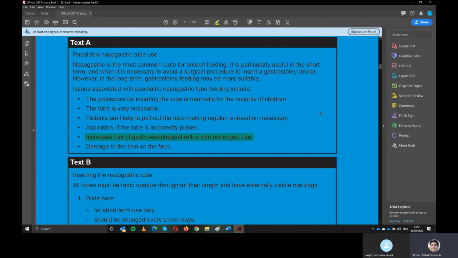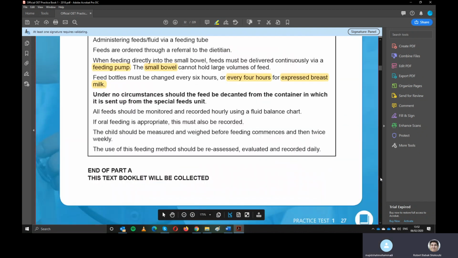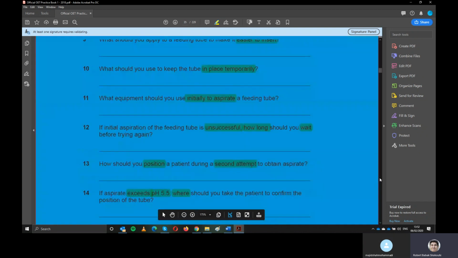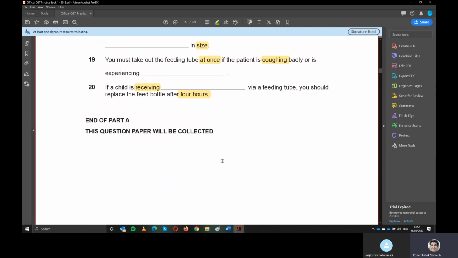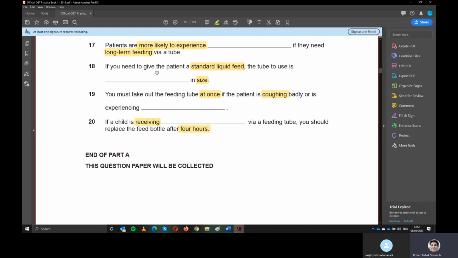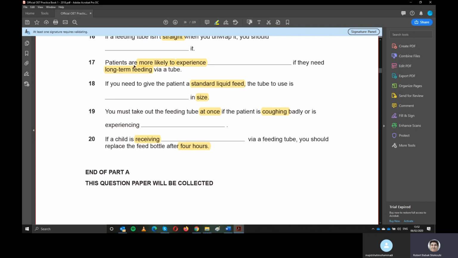I think it is this one. GORD or GR. Right, okay. So patients are more likely to experience gastroesophageal reflux if they need long-term feeding via a tube.